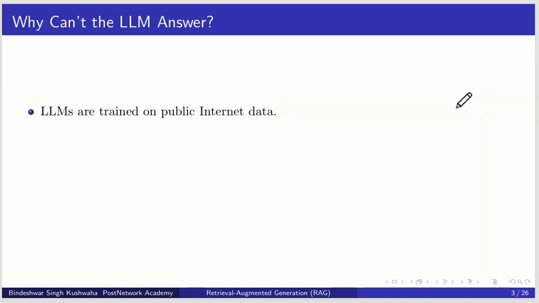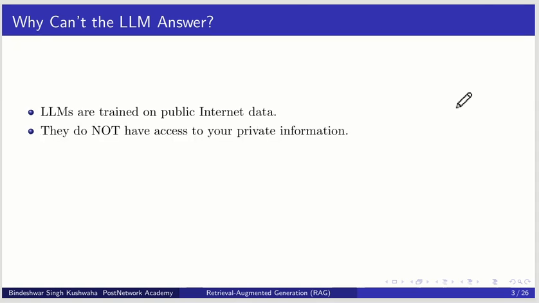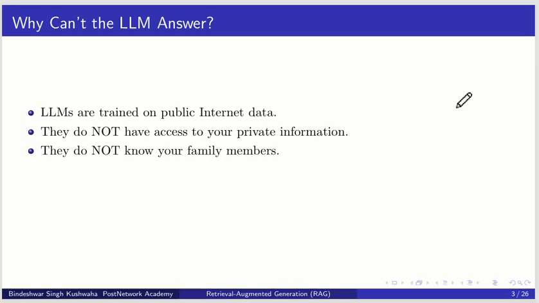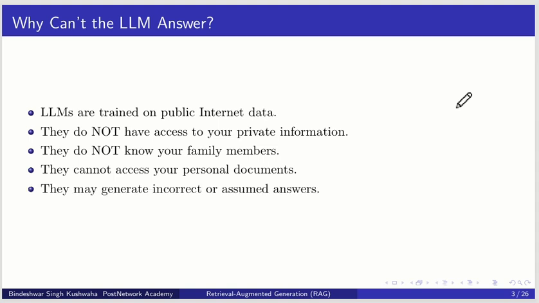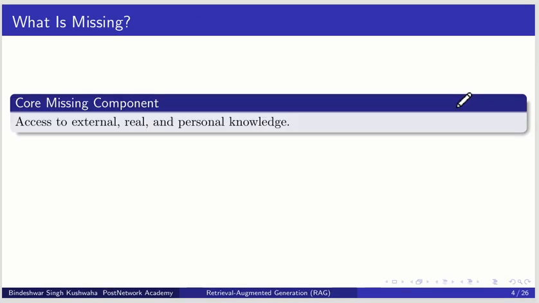No. Why? Because LLMs are trained on public internet data and they do not have access to your private information, and they do not know your family members. They cannot access your personal documents and they may generate incorrect or assumed answers.